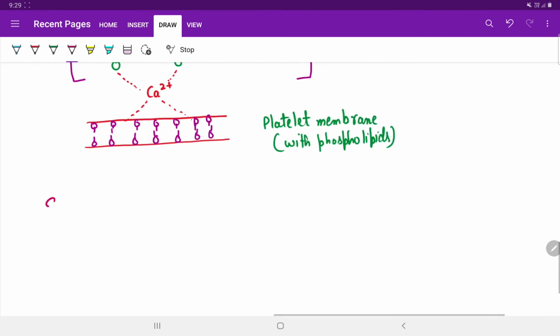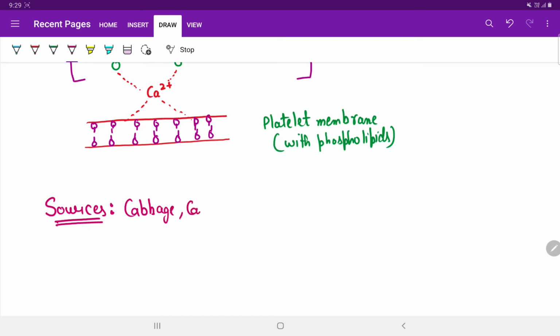So what are the sources of vitamin K through diet? So these are basically the cabbage, cauliflower, tomatoes, another herb known as alfalfa, spinach and other green vegetables.